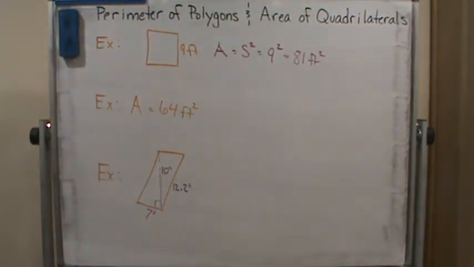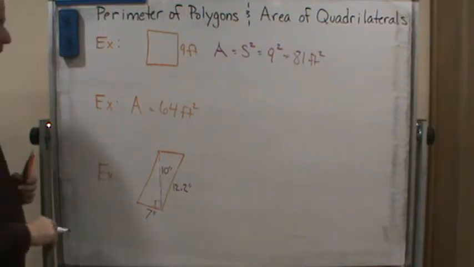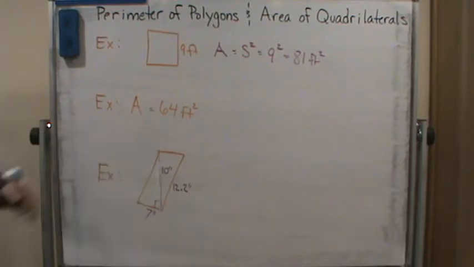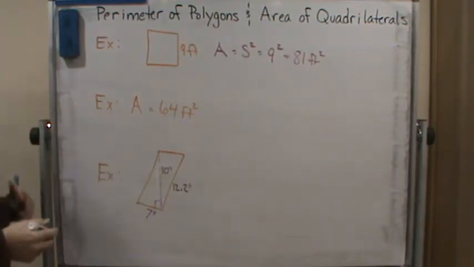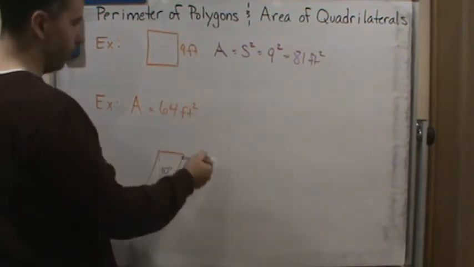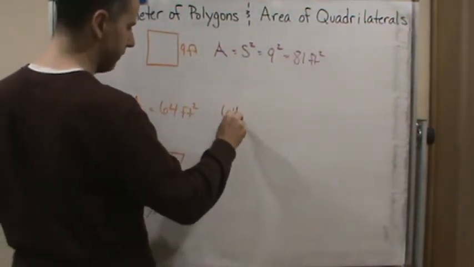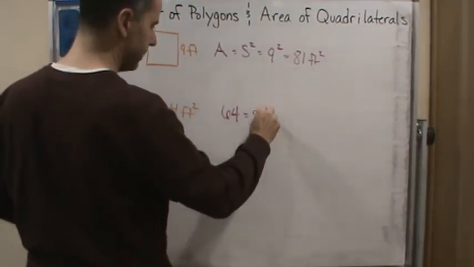If there are units given, you have to use units in your answer. Now, in the next example, let's say we have a square, but they give us the area, and we want to know the length of one of the sides. Well, we know the area is 64, so 64 equals s squared.